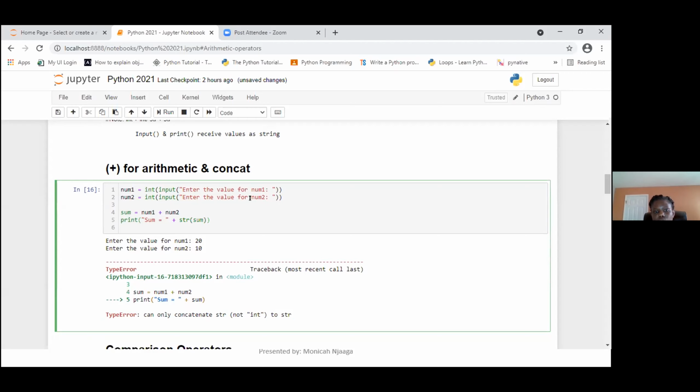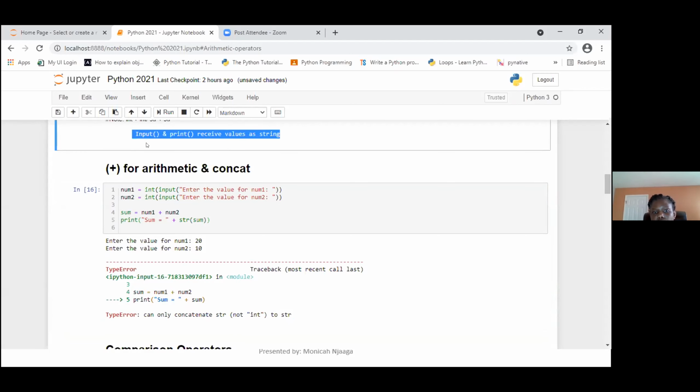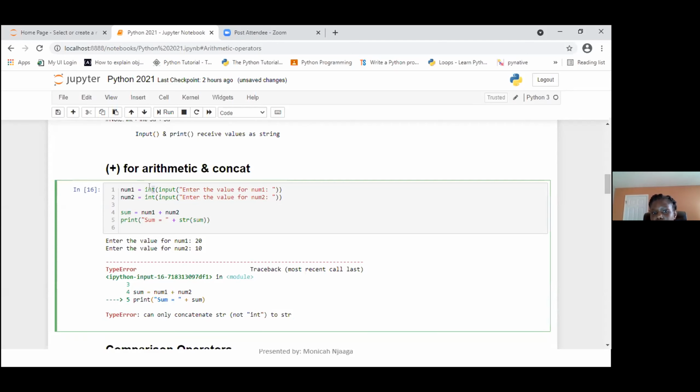And this is another new concept, but George will mention that. It's about conversion. And you may be wondering why I even had this note here. So a point of reference: anything that you declare using the input function, if you don't go ahead and put a converter, like the way I put int, it will come out as a string.